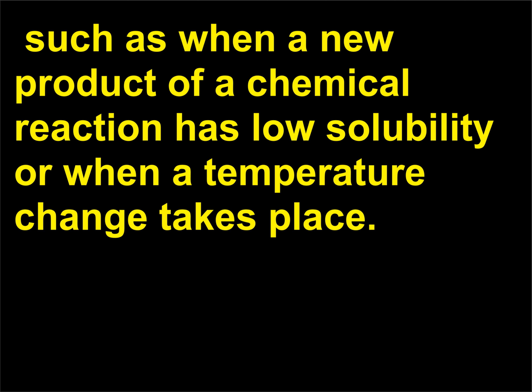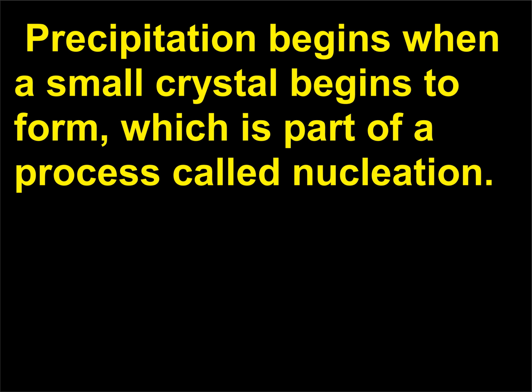This process can occur for a variety of reasons, such as when a new product of a chemical reaction has low solubility or when a temperature change takes place. Precipitation begins when a small crystal begins to form, which is part of a process called nucleation.